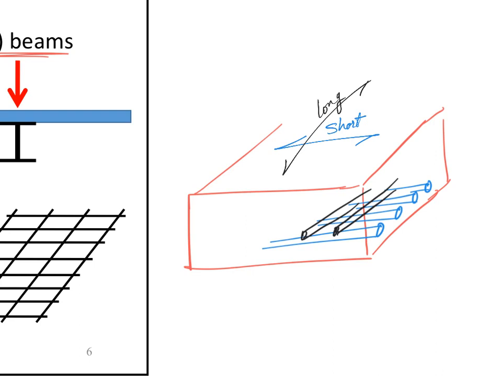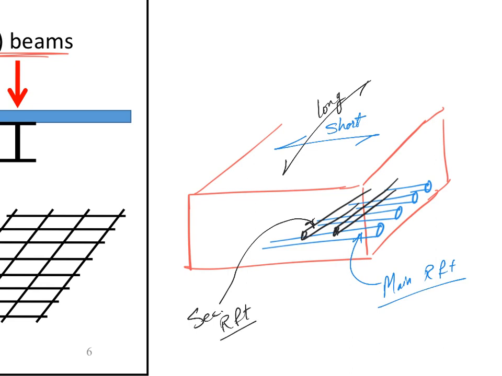So in this case, which one would be my main and which one would be my secondary steel? My main will be the blue one, main reinforcement, because it is going in the short direction. And my secondary would be the black one, secondary reinforcement.